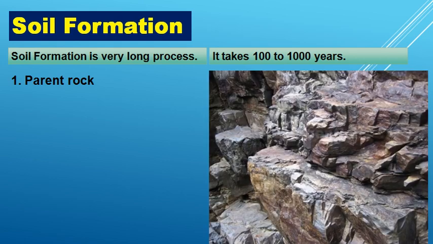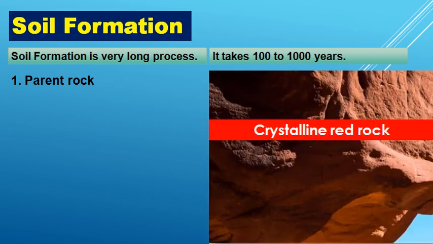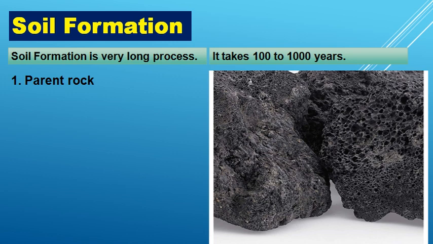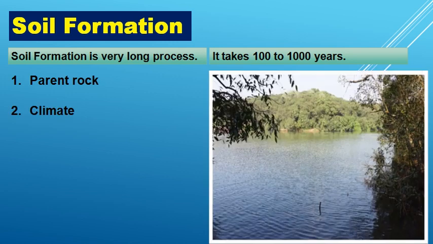If we come to the southern part of India, we will find mostly ancient crystalline, igneous, metamorphic rocks, and from that we get red soil. If it is laterite rocks, we get laterite soil. So based on the rocks, the soil formation differs from one place to another.